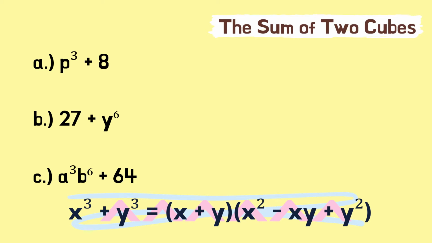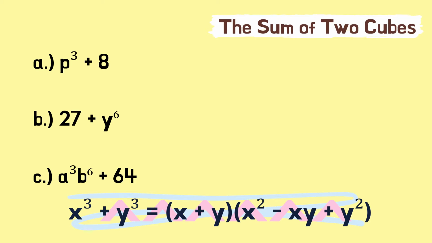And you can express it as the sum of two numbers. And for the other factor, another parenthesis, you need to get the square of the first number. Then you multiply the two numbers, so that is minus the product of the two numbers, plus the square of the second number.